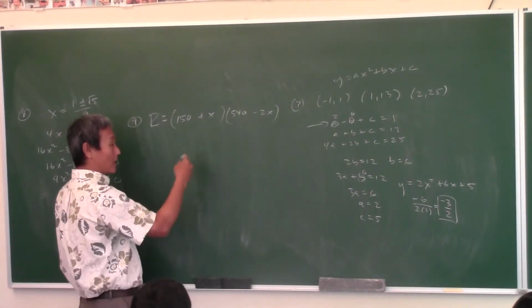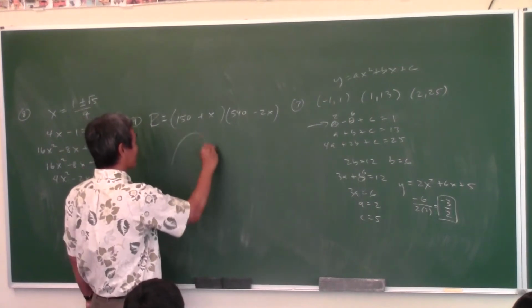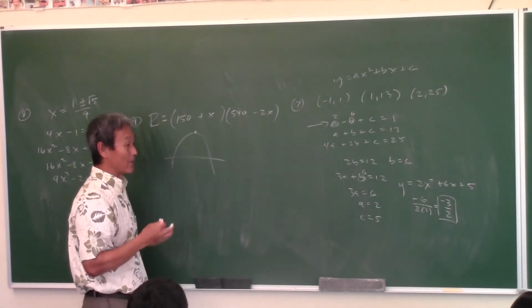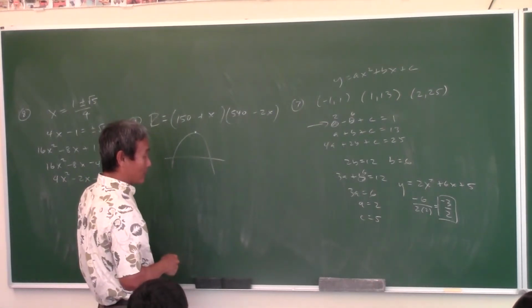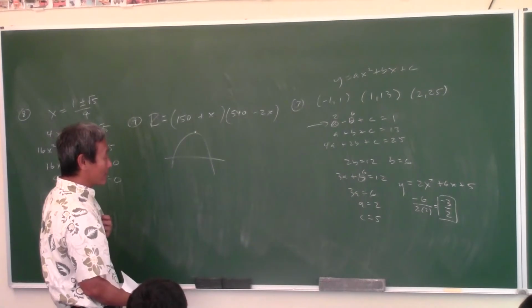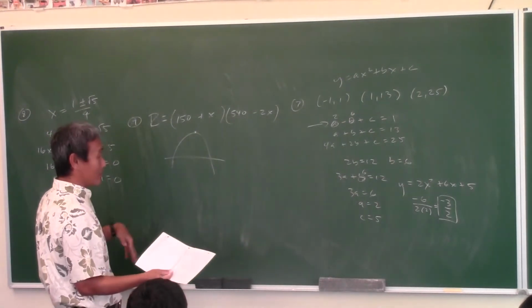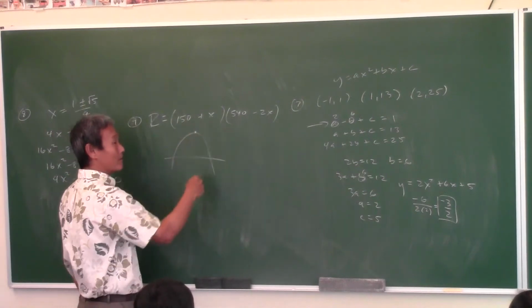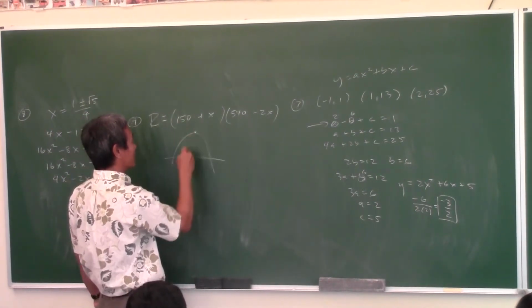Now, like I said, if you were to graph this, it would be a parabola opening down. So there is a place where you get maximum revenue. That's the vertex. What's the fastest way to find the vertex? Well, if you want to multiply it all out and do negative b over 2a, that's perfectly fine. However, I told you a faster way. If it's in factored form, the x-intercepts are easy to figure out.